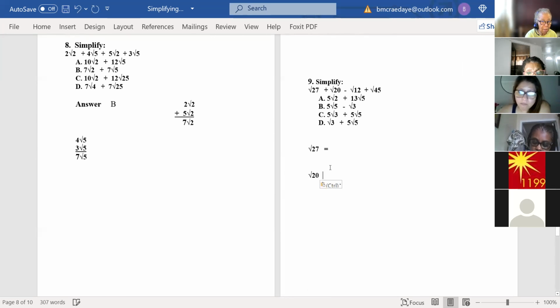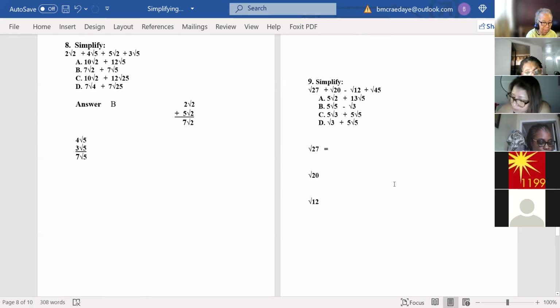And then you're going to do the square root of 12. I need you to simplify each one of those. And then the 45. But when you're simplifying, think of the ones that have the perfect squares as their factors.